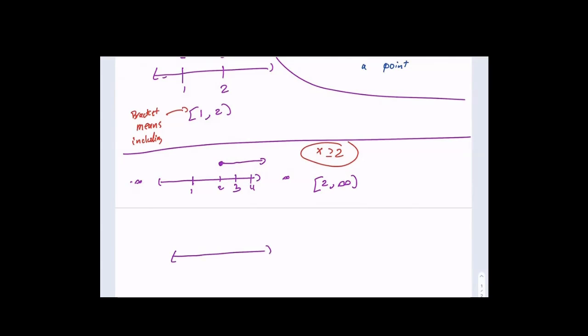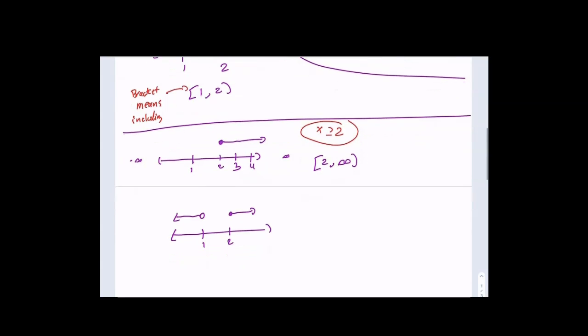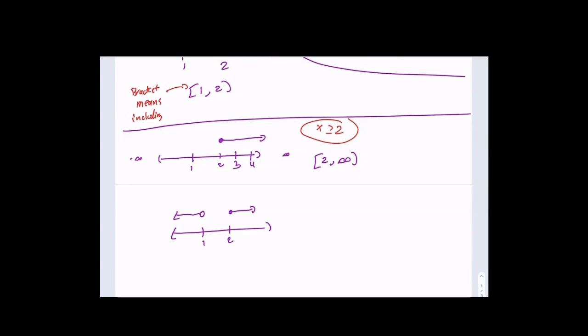Another one in terms of notation. Let's say we had an open circle at 1 pointing to the left, and a closed circle at 2 pointing to the right. Traditionally, this is x less than 1, comma, x greater than or equal to 2.